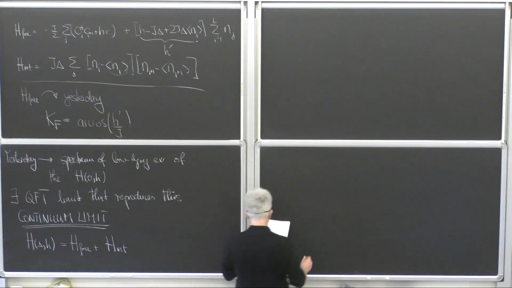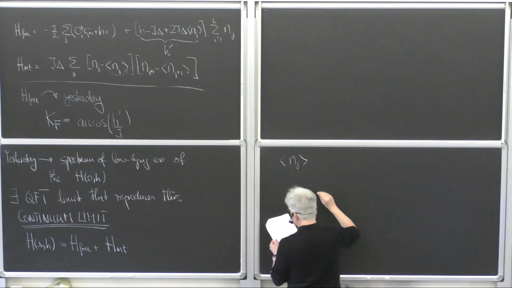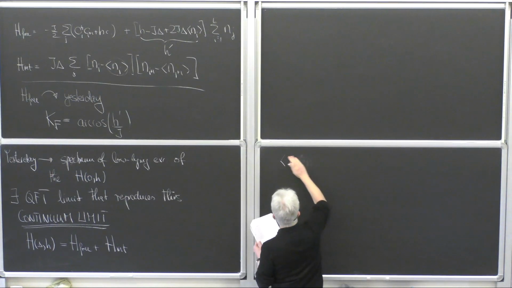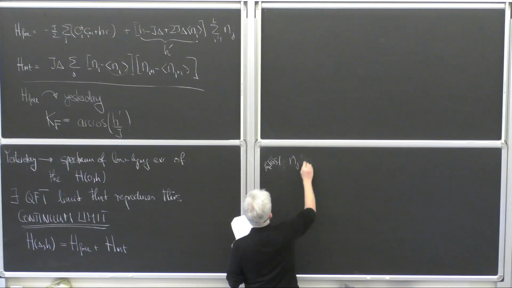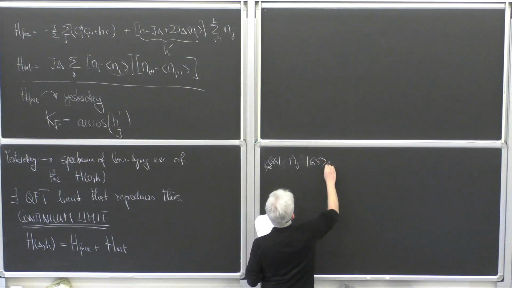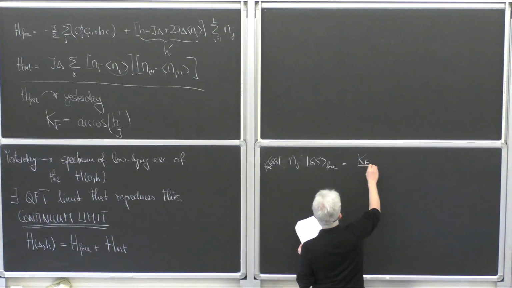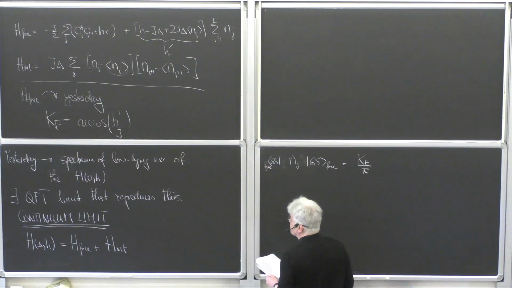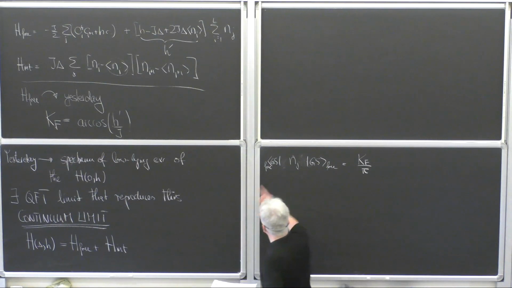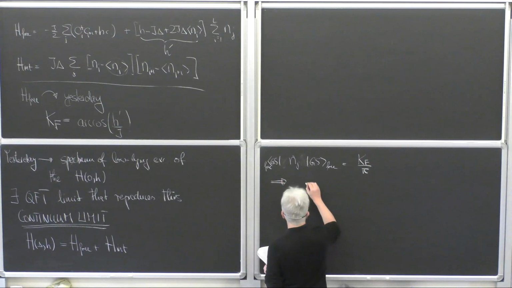And then this expectation value, n j, in the free theory is just k_F over pi. We also had that yesterday. And now combining these two observations, you get a very simple self-consistency equation.